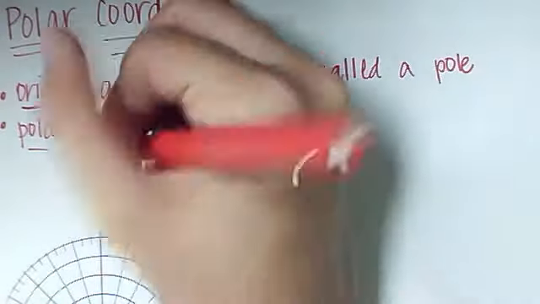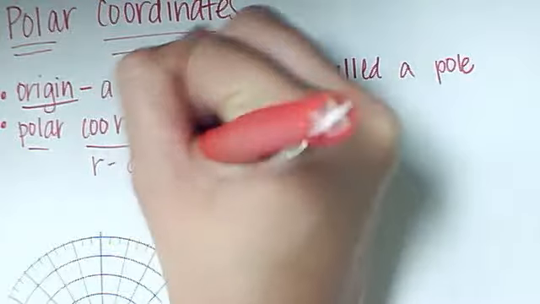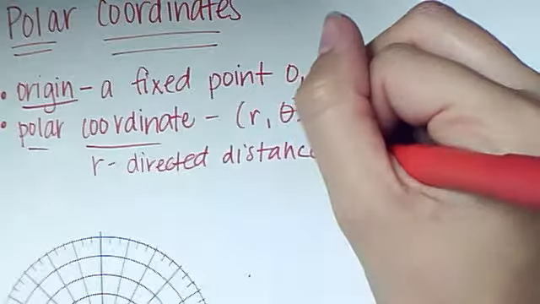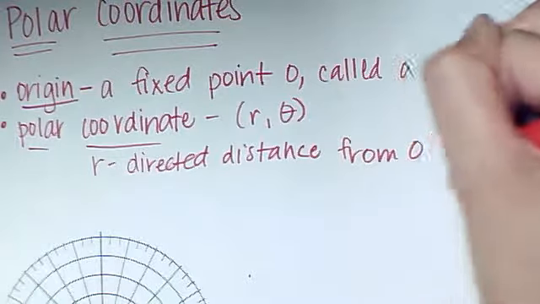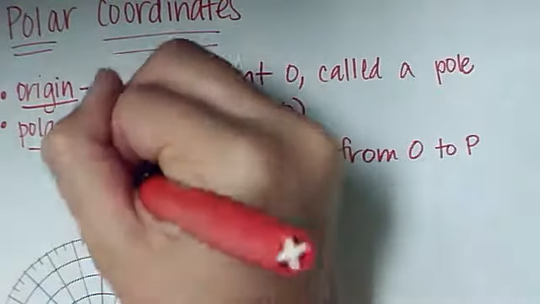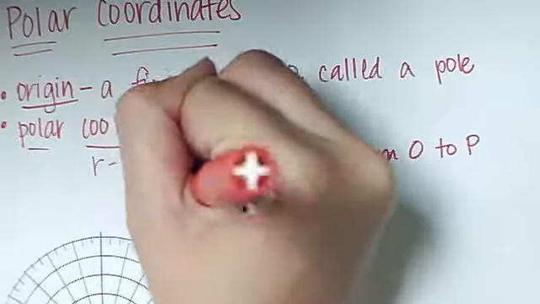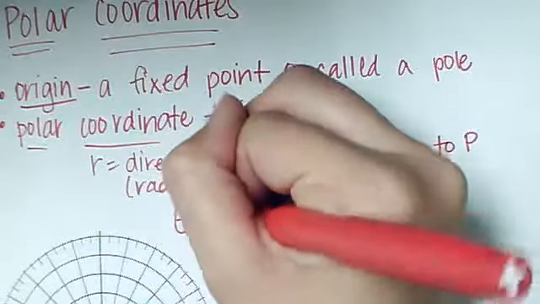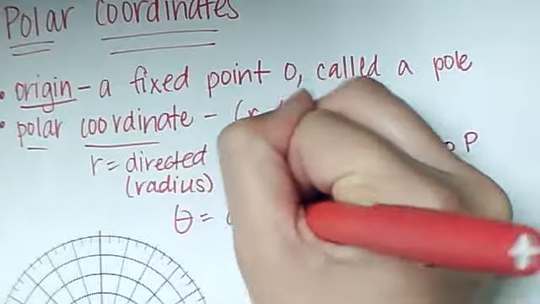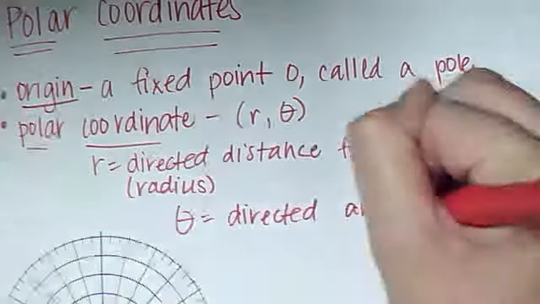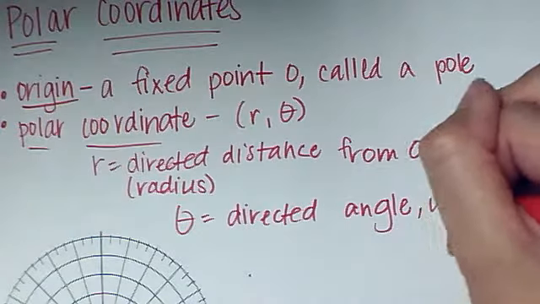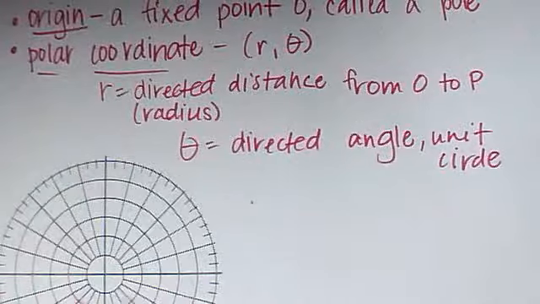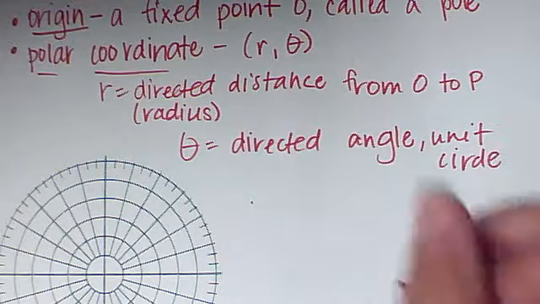So r is a directed distance from 0 to P, and you'll want to think of that as the radius. And then your theta is a directed angle, and to get that we're going to use the values from the unit circle, which you memorized a while back, so that should still be pretty fresh in your mind, or it needs to be anyways.